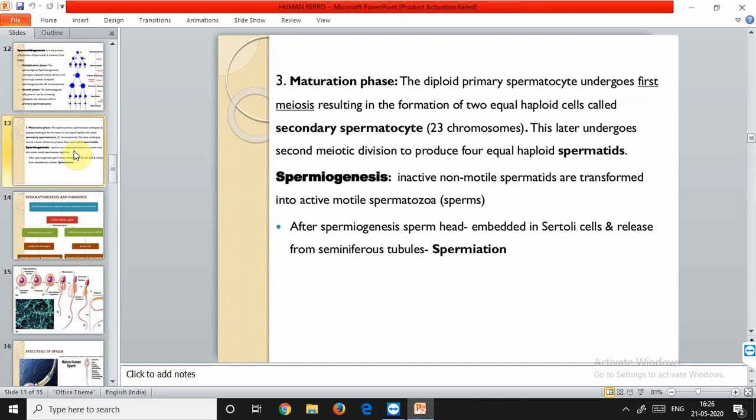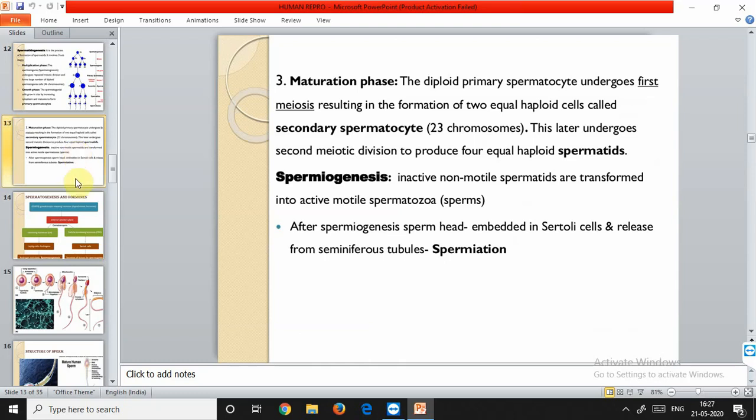Then comes another division, the equational division. Now the chromosome number remains the same, the n condition is maintained, but the division occurs. Therefore, this division helps in the formation of four different spermatids, and all these four daughter cells are called spermatids, and they have the chromosome number n.